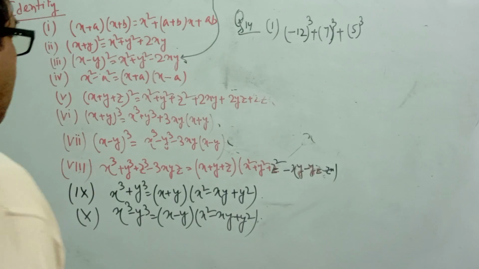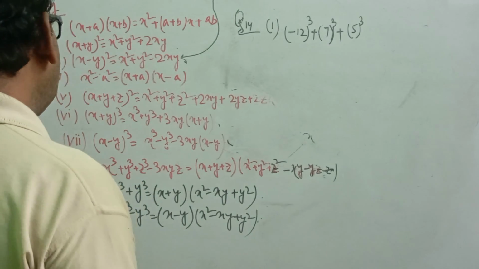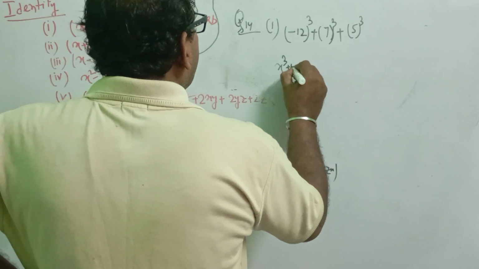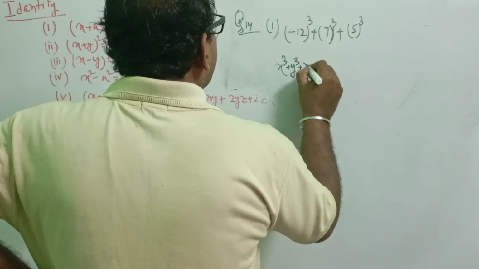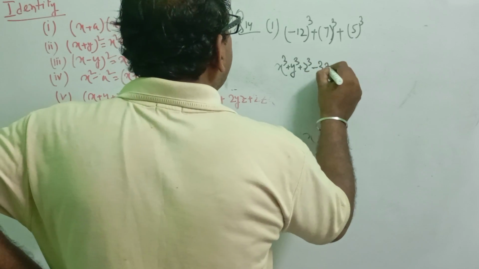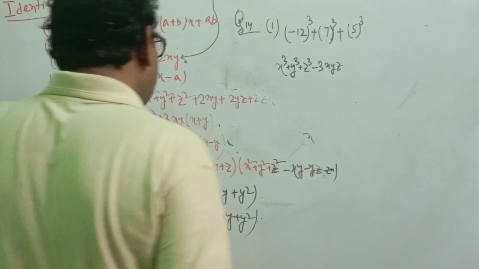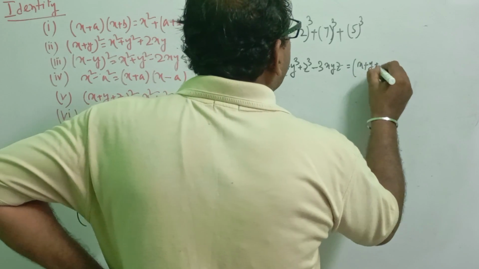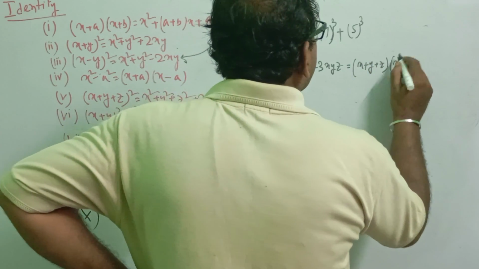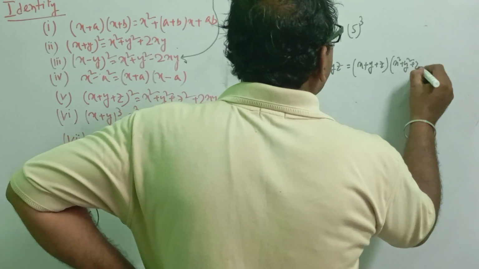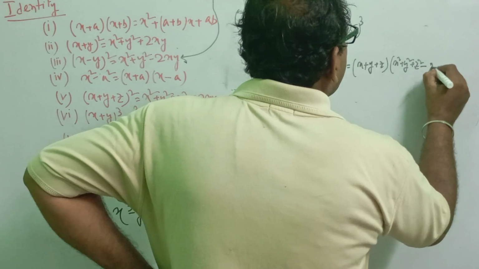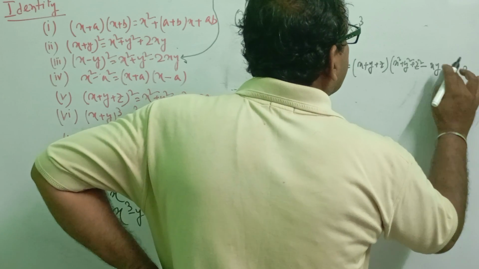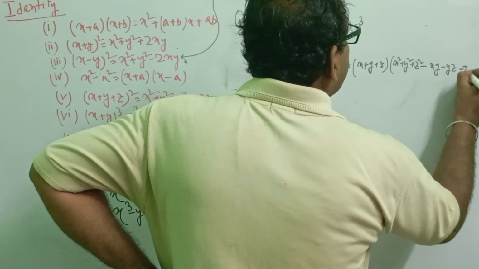For cubes we have only the formula that x cube plus y cube plus z cube minus 3xyz is equal to x plus y plus z into x square plus y square plus z square minus xy minus yz minus zx.